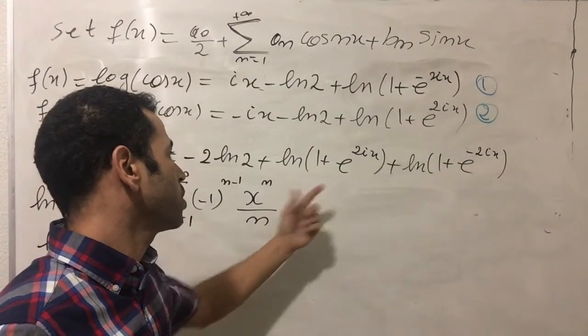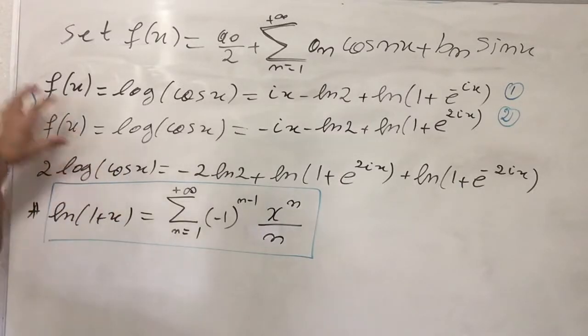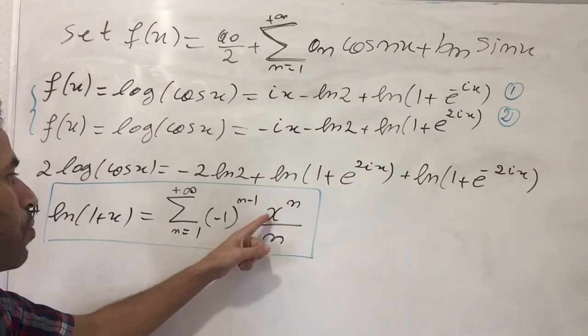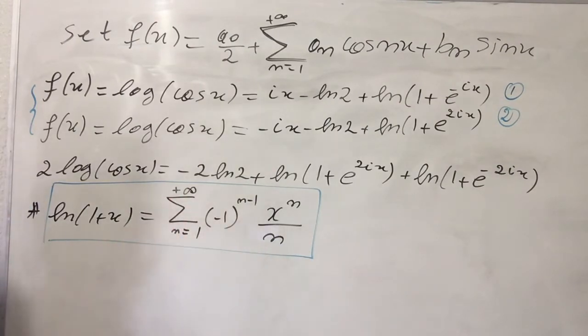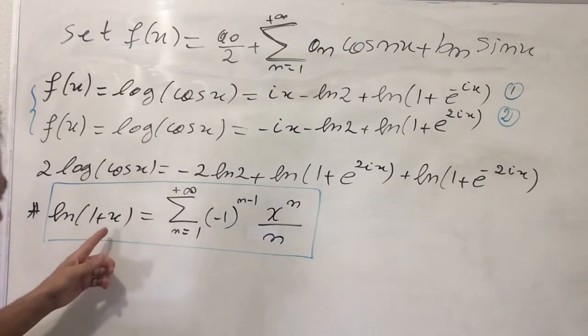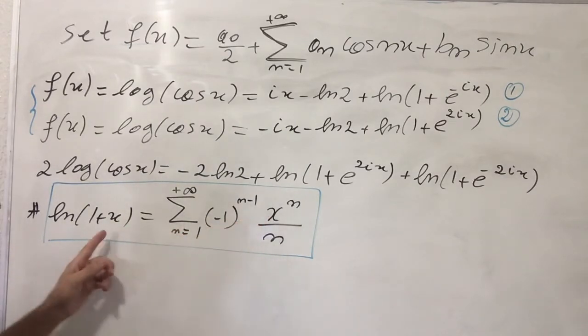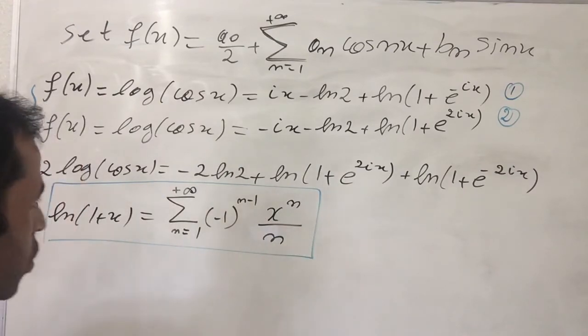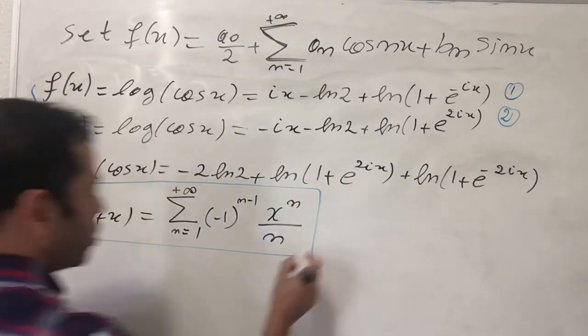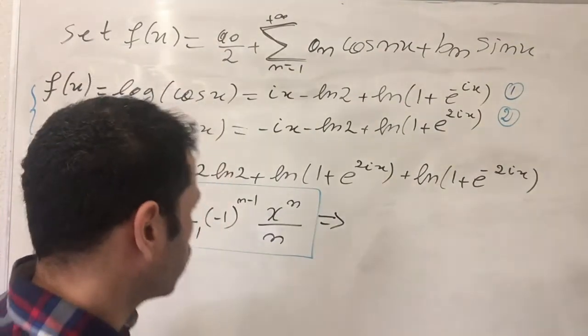Just replacing x, as you see here, we end up with these expressions multiplied by x to the n over n, as n goes from 1 to infinity. I will do the same thing, replacing x with e to the ix.